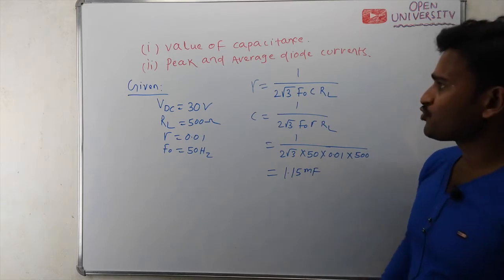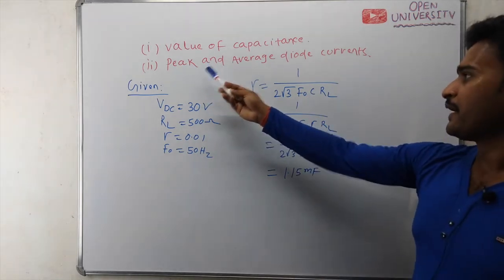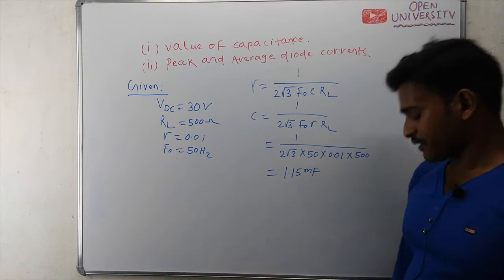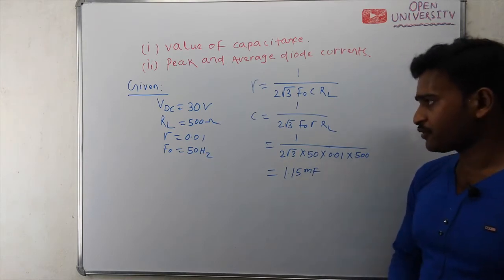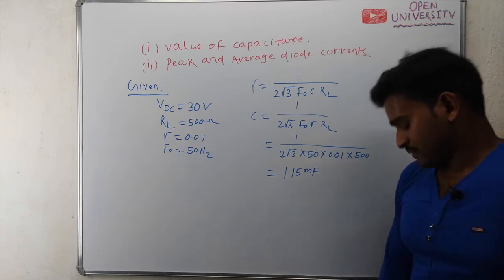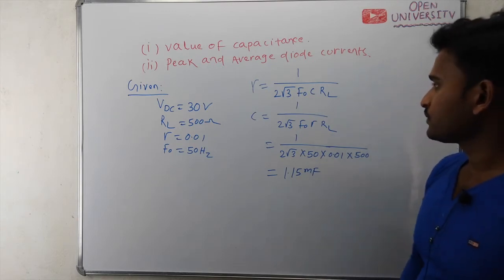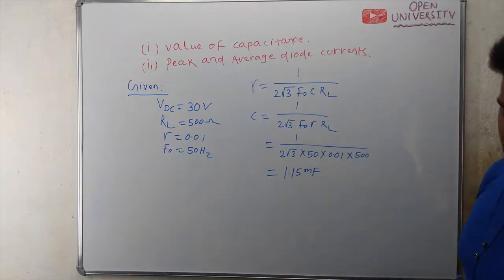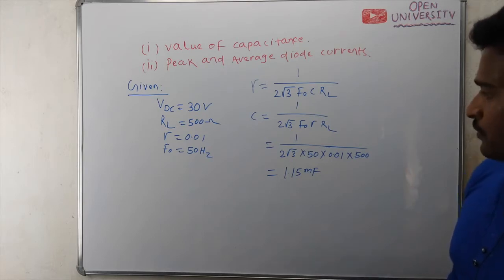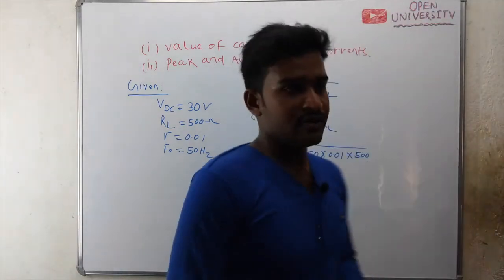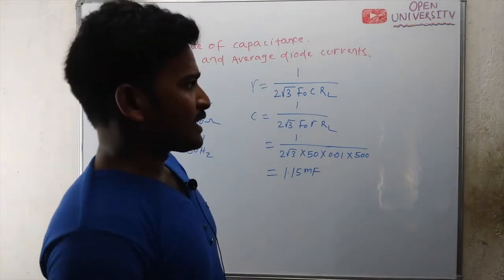Next, it is asked to find the peak and average diode current, ID peak and ID average. Let's first find ID average. What is the formula for ID average?